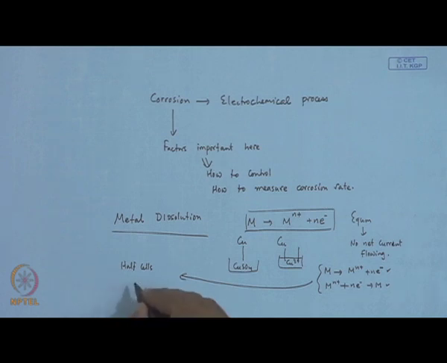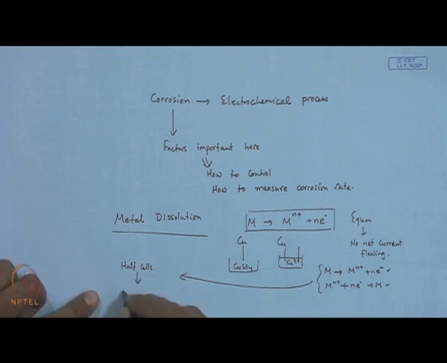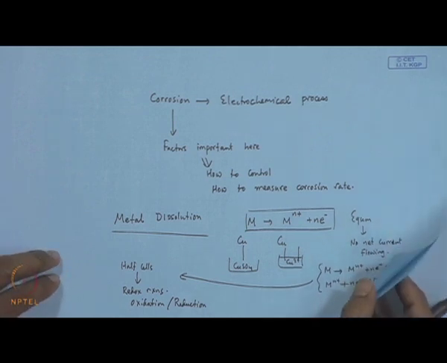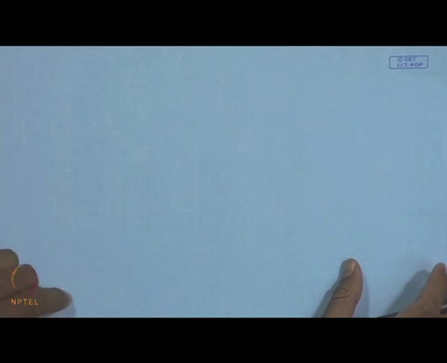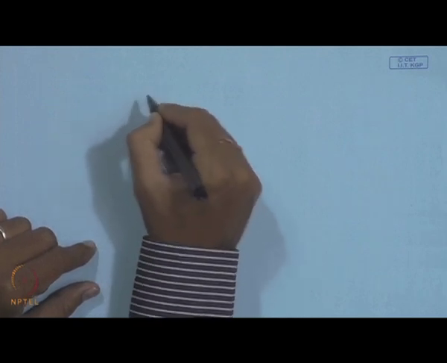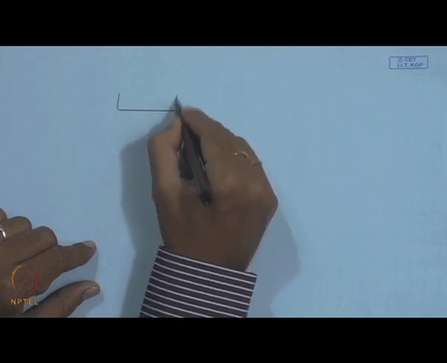Oxidation actually produces electrons, and reduction is the consumption of electrons. So, half cells mean redox reactions. Both these reactions, oxidation and reduction, are very important in corrosion.